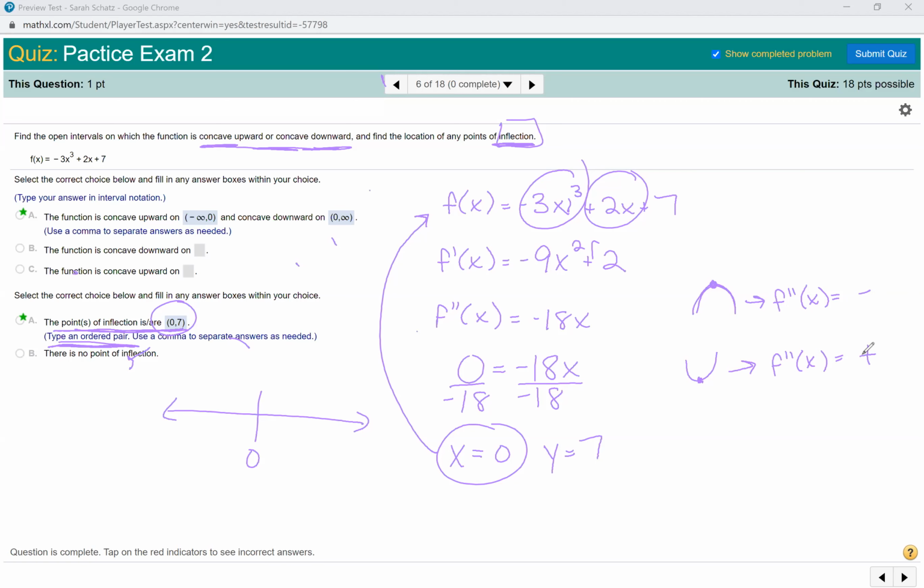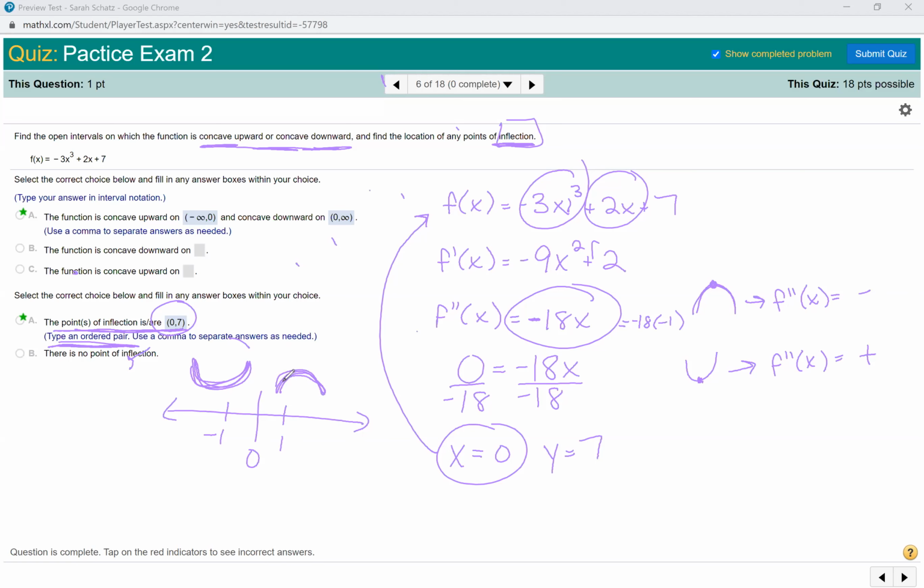So just think, if you're looking at a number for x that is less than 0, like negative 1, for example, what happens when you put negative 1 into here? You get negative 18 times negative 1. Isn't that going to be positive? Which means all of these values over here, if you put a negative value for x in, it's going to cancel out that negative on the 18, and you're going to be looking at a positive value. Which means if you put in a positive value for x, like 1, for example, this negative stays, the one with the 18, which means your answers will all be negative and you'll be looking at a concave down situation.